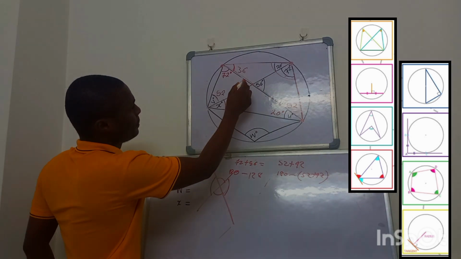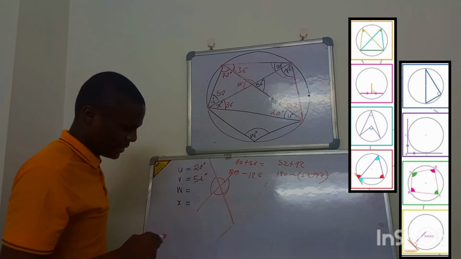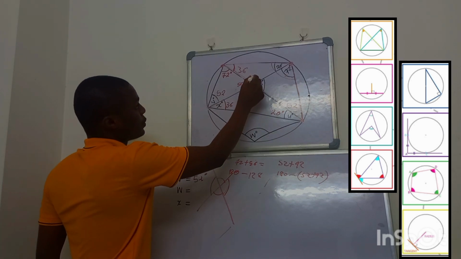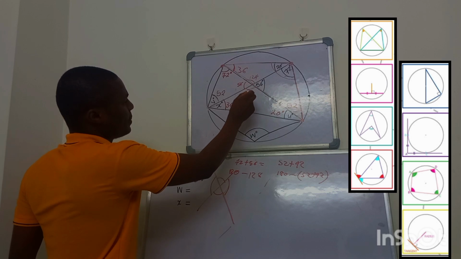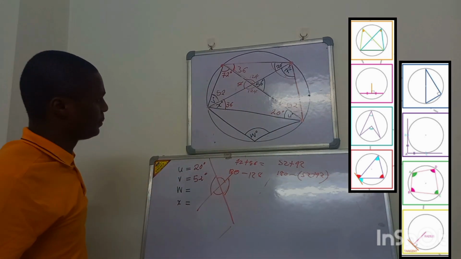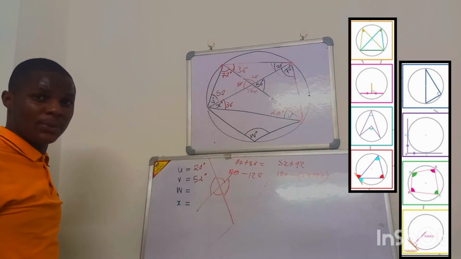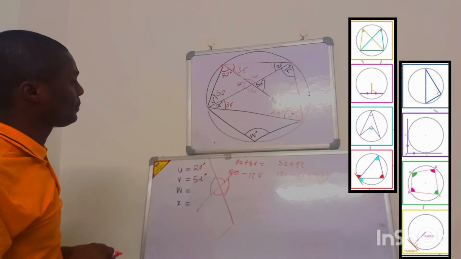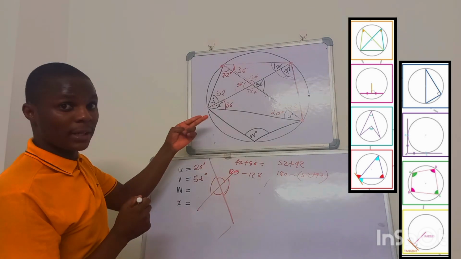To get this one, I can say that 180 minus 56, I will get what? 124. This one and this one are the same, 124.